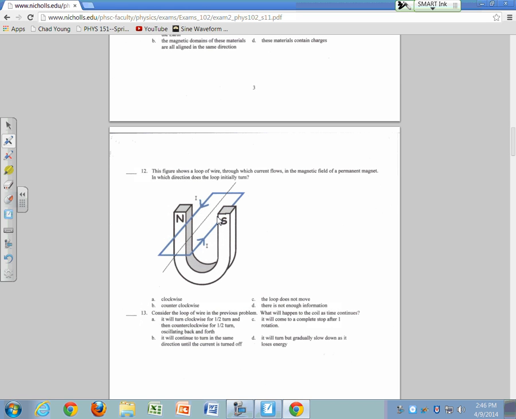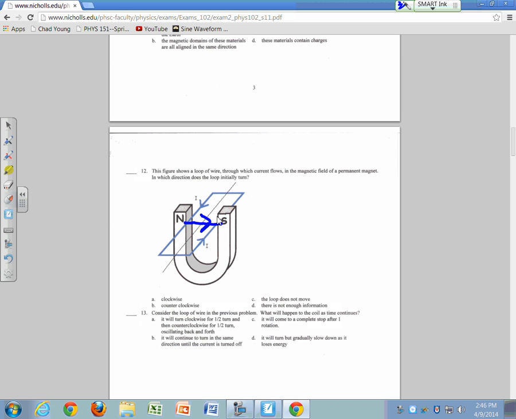All right. Well, here. You don't need to use the curl rule on this. The only thing that you need to do is know the direction of the magnetic field. And in this case, it's not a wire that's generating a magnetic field. You have this permanent magnet that has a magnetic field that runs from north to south.